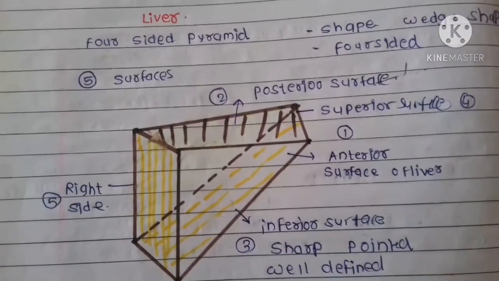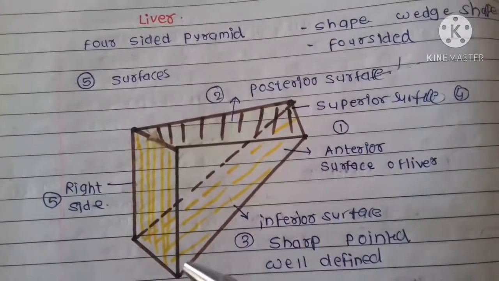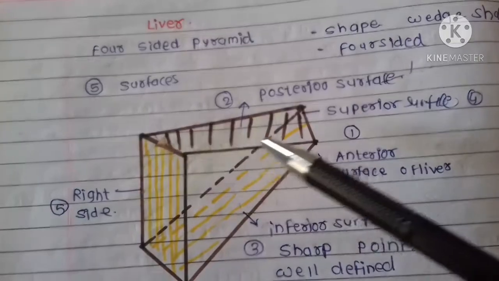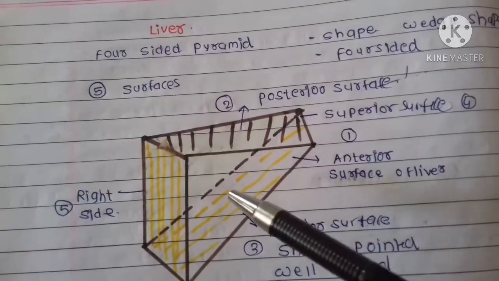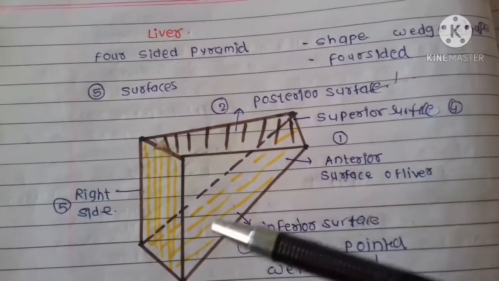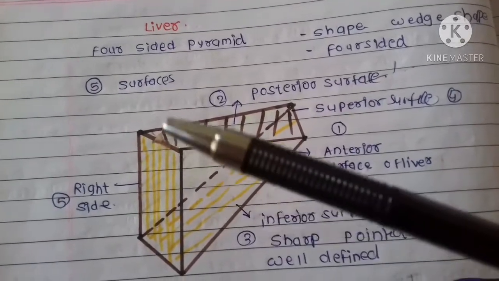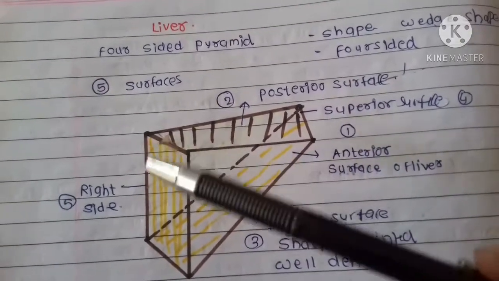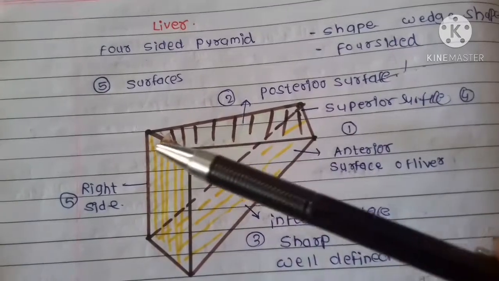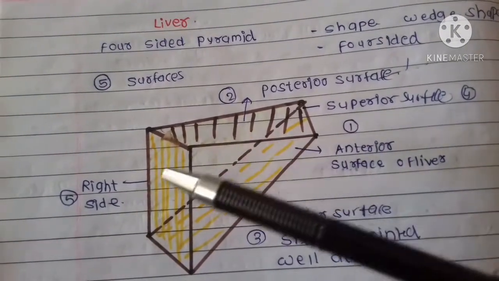Let us watch the surfaces of the liver. First this and this, this is the anterior surface of liver. Now the posterior surface is this and this. This is the posterior surface of liver.